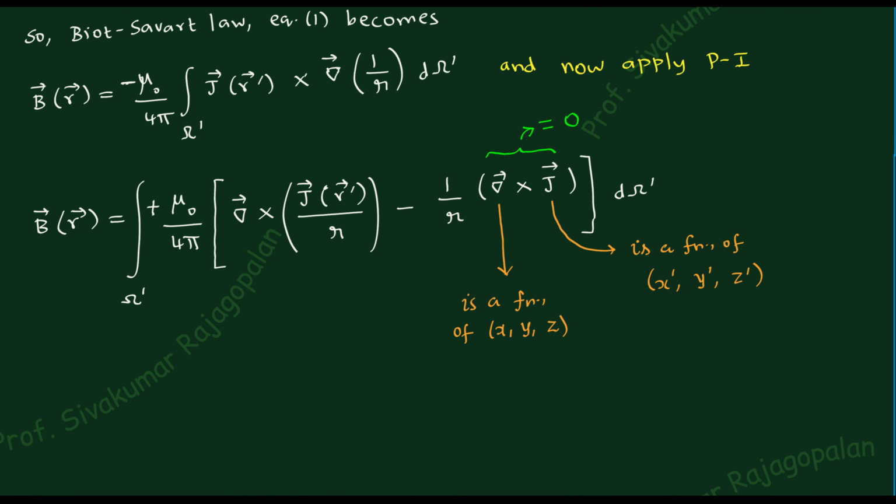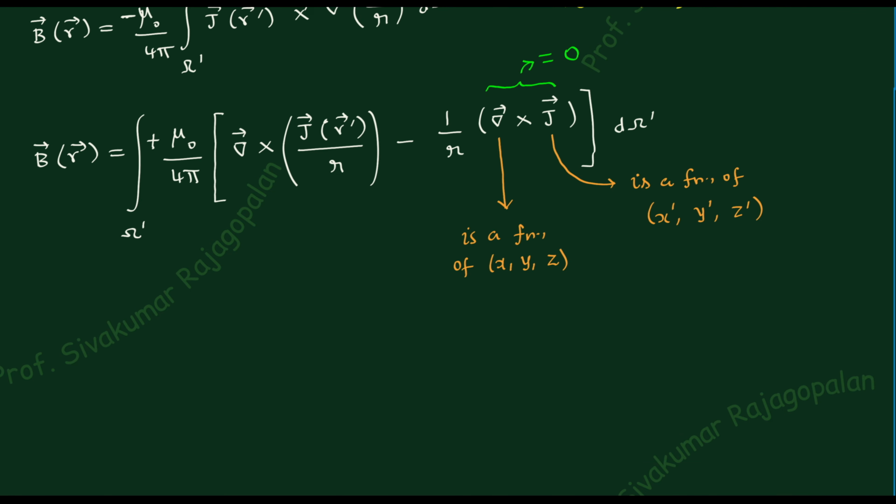And therefore you are left with the first term alone, and therefore it is easy to simplify. So our conclusion is, let me write down only the first term. You have the integration of the entire expression, mu naught by 4 pi, del cross, then j by r.